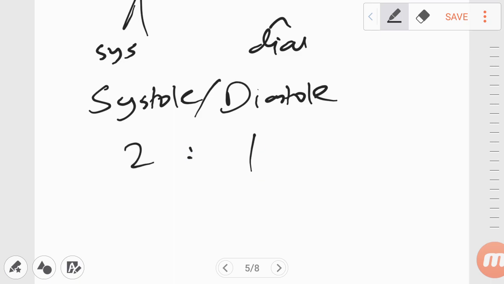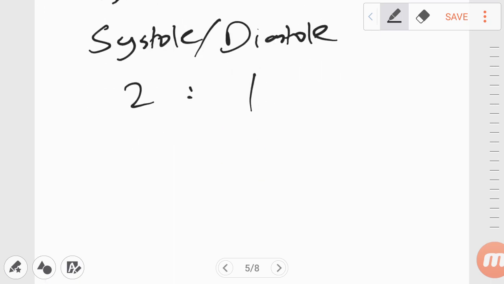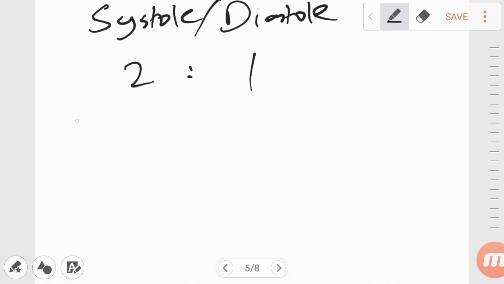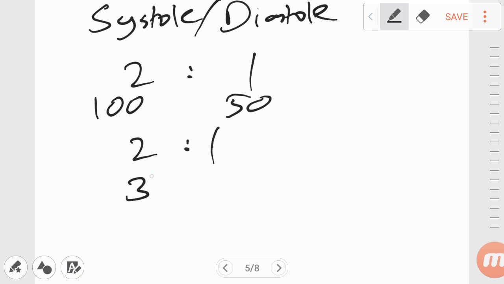So the systole should be 2 and the diastole should be 1. In ratio, that means if it's 100 here, it should be 50 here. That is 2:1. But any time the ratio becomes more than 2:1, if it becomes 3:1, 4:1, that means that we have a problem which is serious. So you might have to take more serious measures to save the fetus in this scenario.